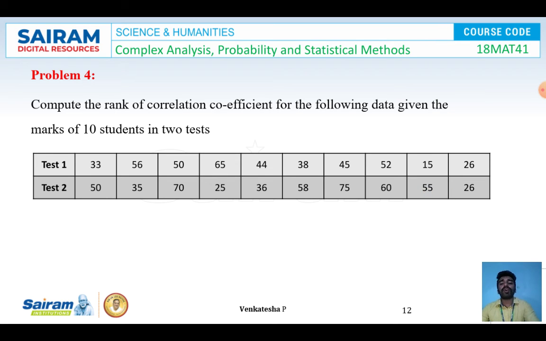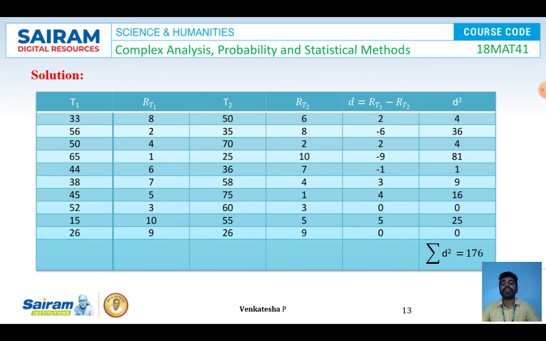The first thing is we have to assign the rank for the given marks, then we can calculate the rank correlation coefficient. So make a tabular column. The marks by test 1 is given by 33, 56, 50, 65, 44, 38, 45, 52, 15, 26. Now I am going to assign the rank for the marks.